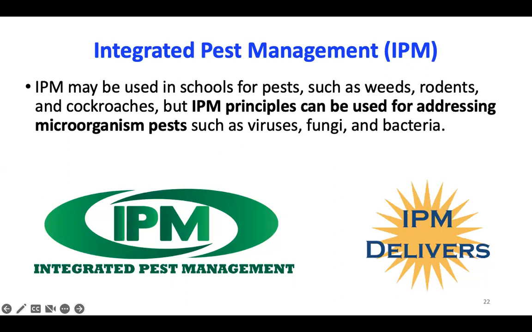IPM may be used in schools for pests, such as weeds, using exclusion, sanitation, and education, and bait stations to get rid of rodents and cockroaches. There's sanitation, identification, and also some use bait stations to get rid of cockroaches. We know IPM can be very successful in remediating those pests.